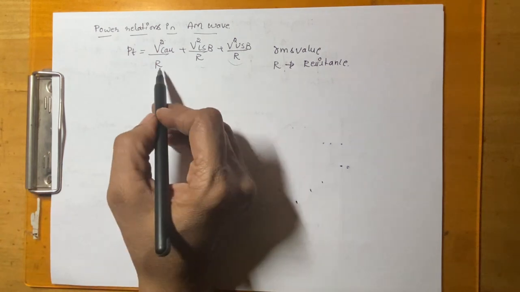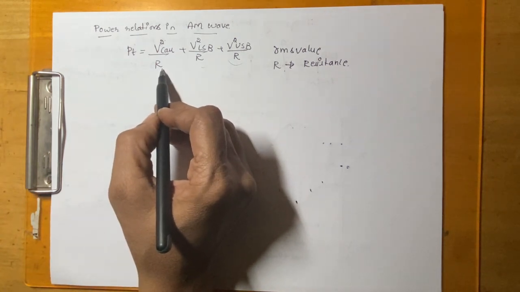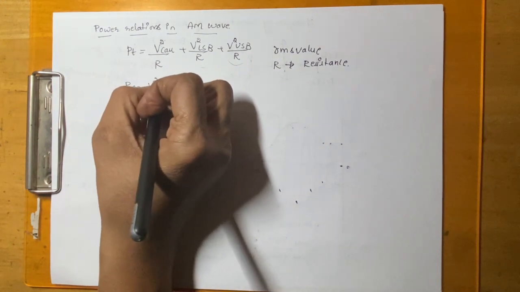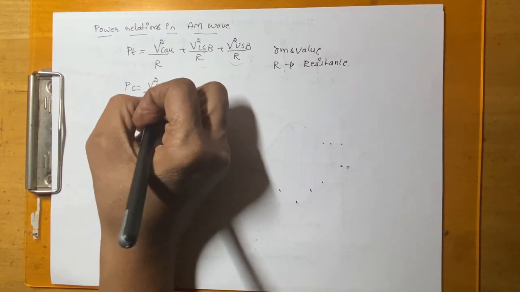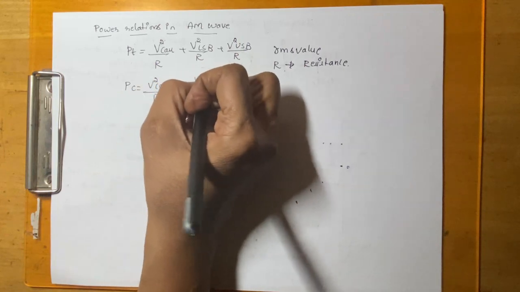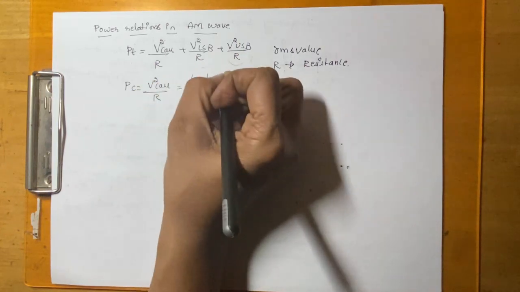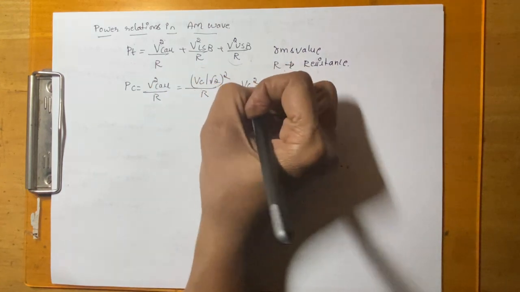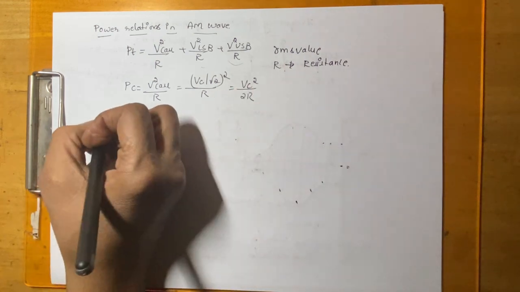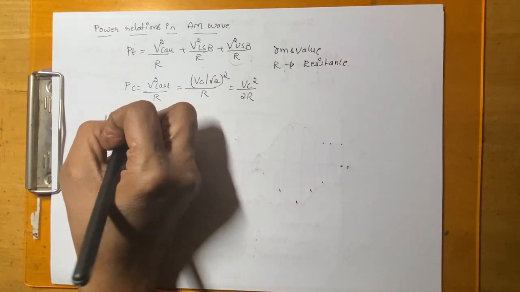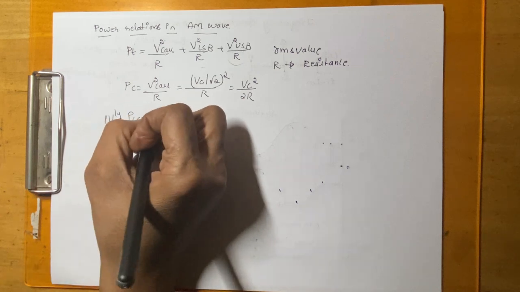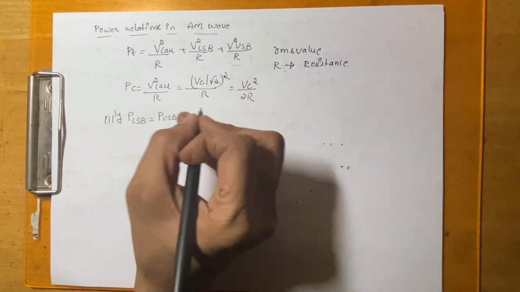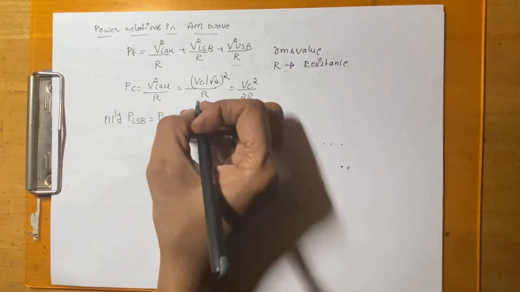The first term is nothing but an unmodulated carrier, that is Pc is given by V square carrier divided by R, which can be expressed as Vc divided by root 2 whole square divided by R, which is equal to Vc square divided by 2R. Similarly, power of a lower sideband is equal to power of an upper sideband, because both the sidebands are symmetrical.